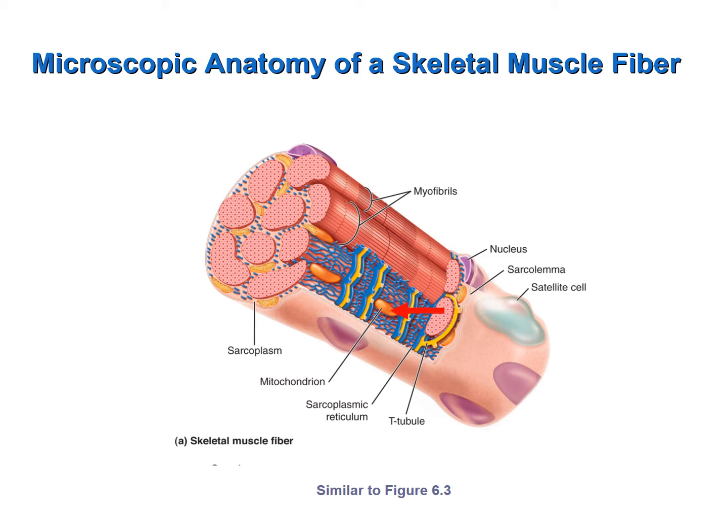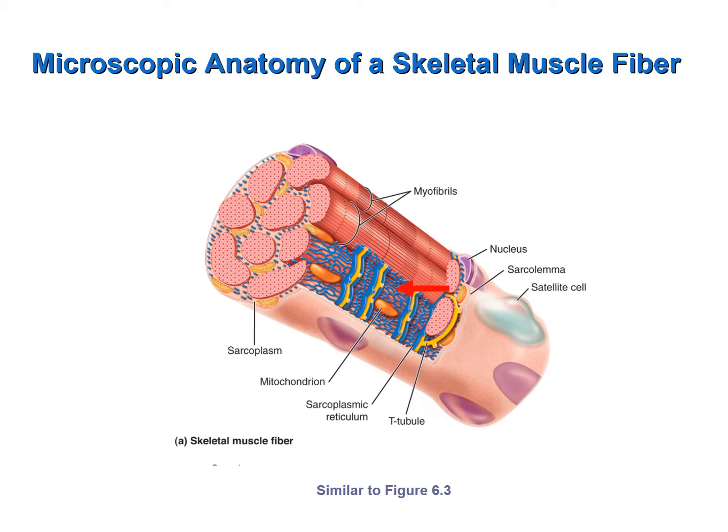I also want to point out the numerous mitochondria that you find in the skeletal muscle fibers. Mitochondria, as you know, are responsible for the production of ATP, and the contraction of a skeletal muscle fiber requires a lot of ATP, so typically you find lots of mitochondria in a skeletal muscle fiber.